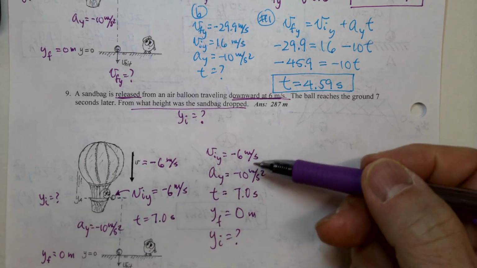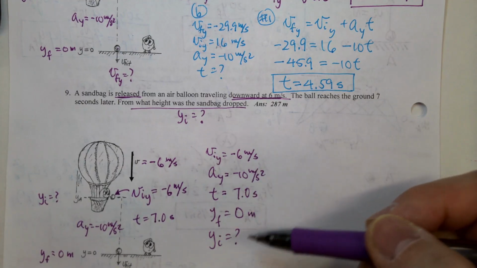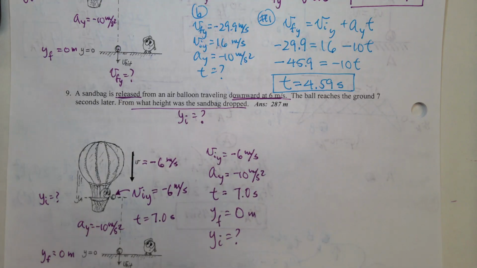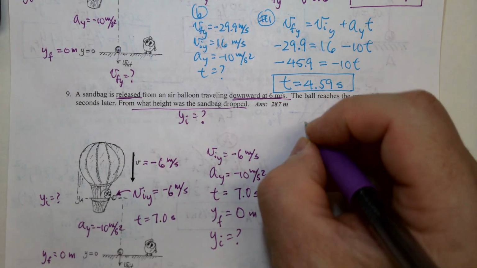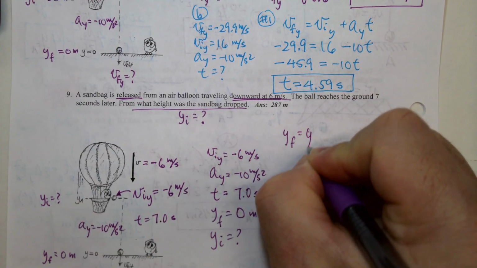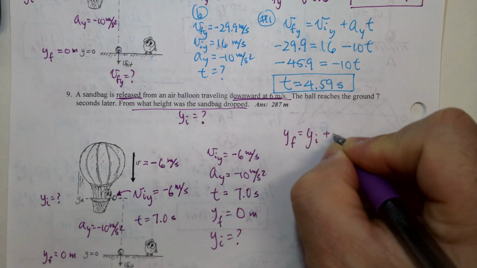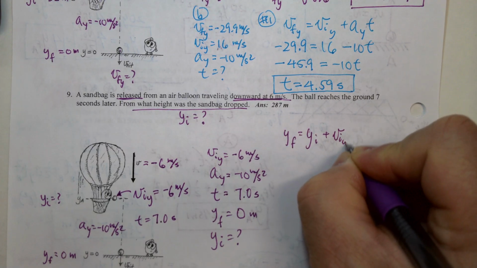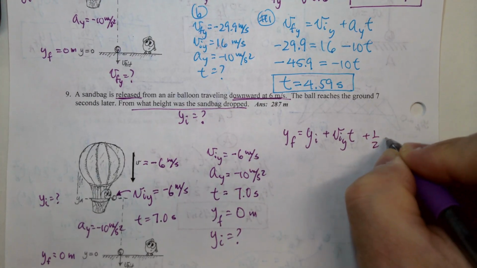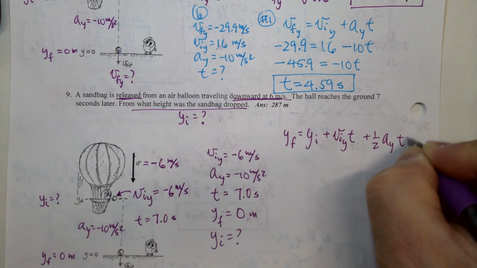Looks like we could use equation number 2 because we don't have v final. So y final is equal to y initial plus VIY t plus 1/2 a sub y t squared.